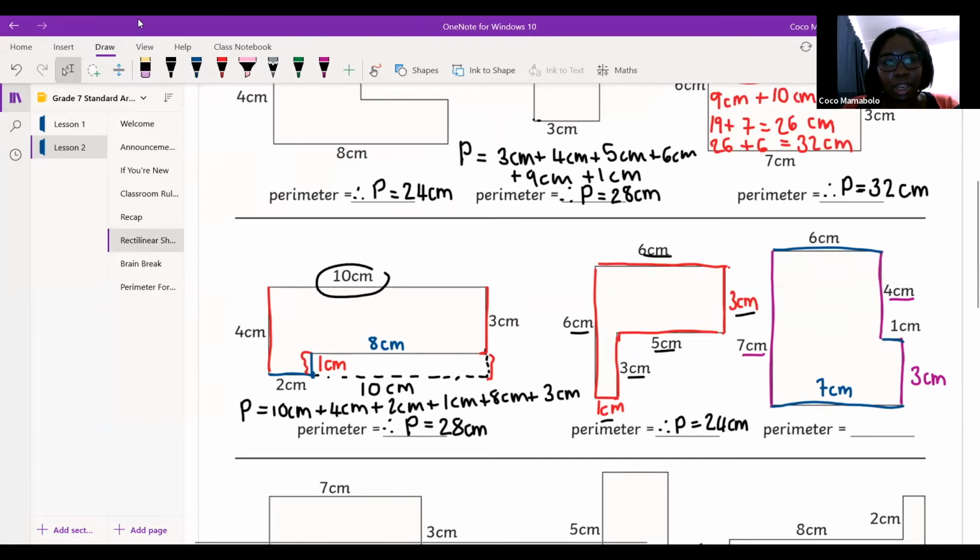All right, let's see, everyone give me an answer for number 3. Pop it in the chat. Some of you are forgetting P is equal to, guys are just giving me random answers.